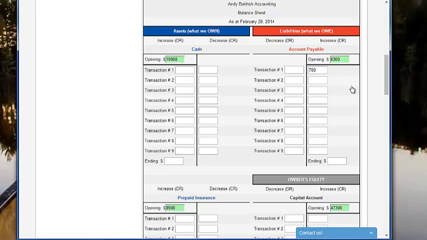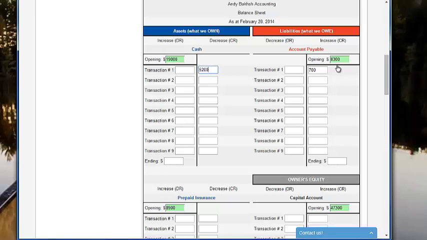Second transaction, we paid the amount owing that was outstanding to a supplier. I like to work with cash, so when I see paid, that means that the amount came out of cash, and that's a minus for our cash account. So I'm going to enter a credit or a decrease of $5,200. That's my credit. I have to have a debit to match that. Well, we started off with $8,300 owing to creditors.